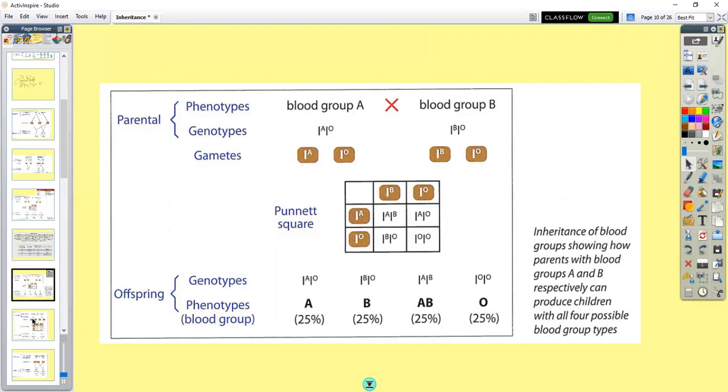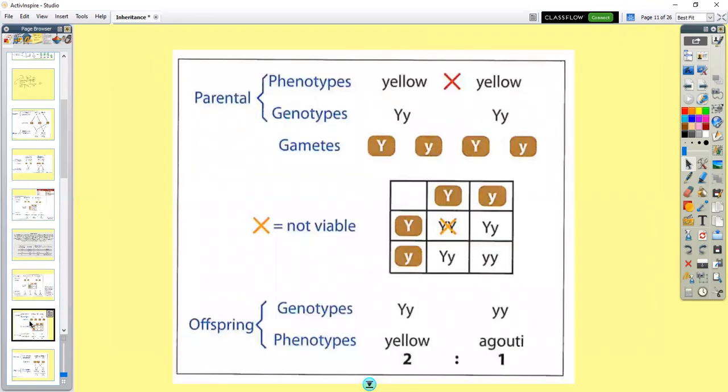Okay. You also have some allele combinations which are lethal. In other words, the offspring doesn't survive either in the womb or at birth, but usually in the womb. So here's an example in mice. Yellow is dominant to what they call agouti, so big Y is dominant to small y.